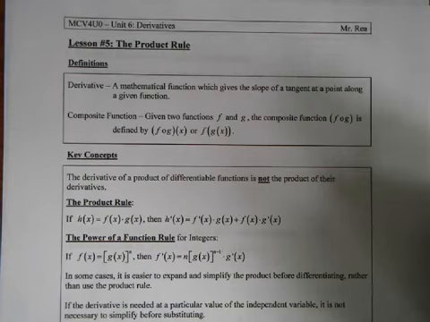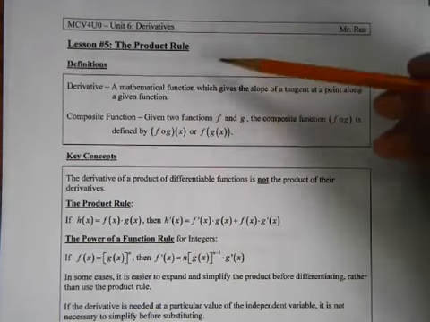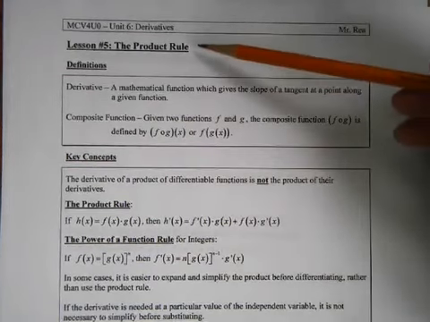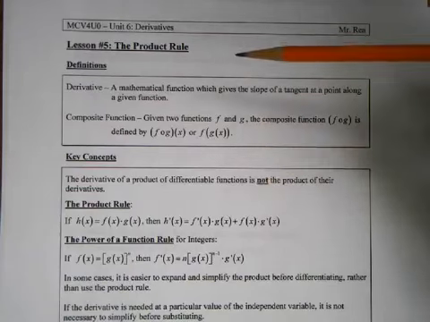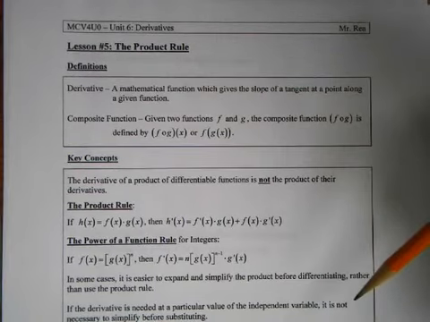Now the last rule we did was the derivatives of composite functions, or the chain rule. The product rule, when I first taught this course, I would usually teach product rule and then the quotient rule and then the chain rule. But the chain rule comes up more often than I thought it would.